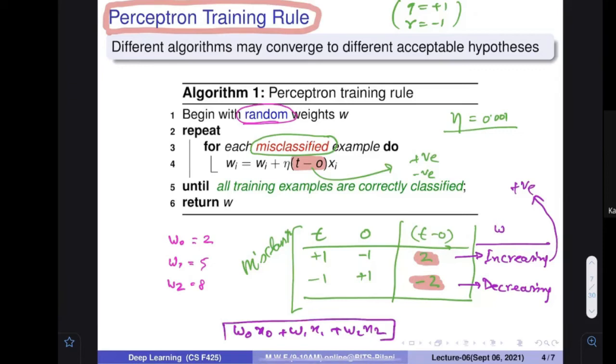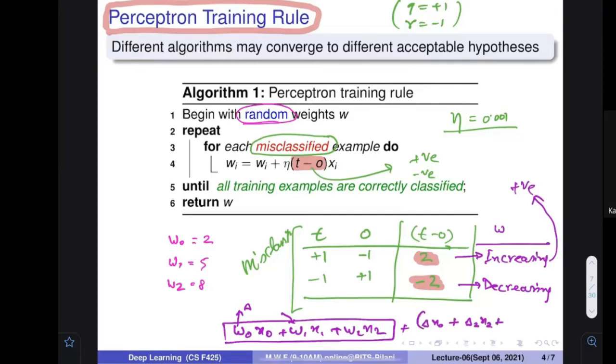Whatever value you are going to have right now, if you increase the value of W, what does it mean? If you add delta 1 to this particular W0, then delta 1 times x0 is being added to the previous value. If you are increasing W1 by delta 2, then delta 2 times x1 is going to be added to the previous value.